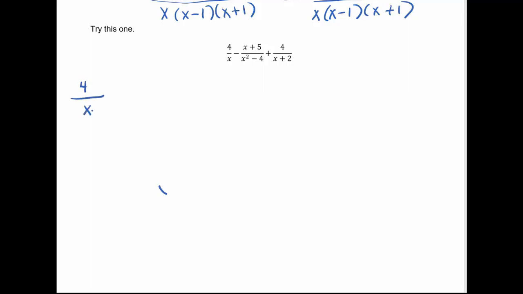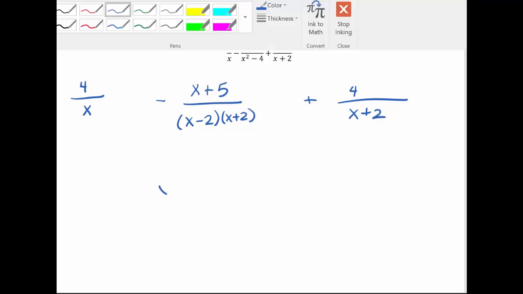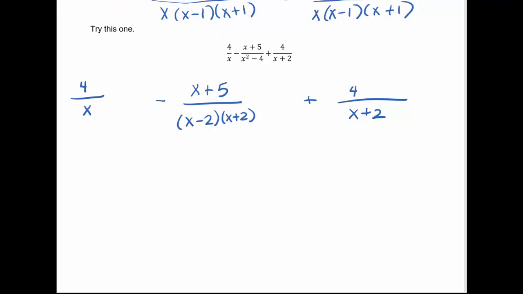So you have 4 over x minus x plus 5 over x minus 2 times x plus 2 plus x plus 2. Now, let's multiply and get our common denominator.